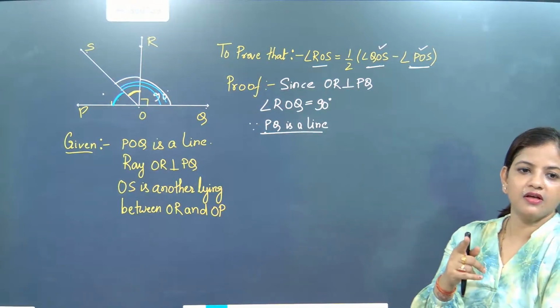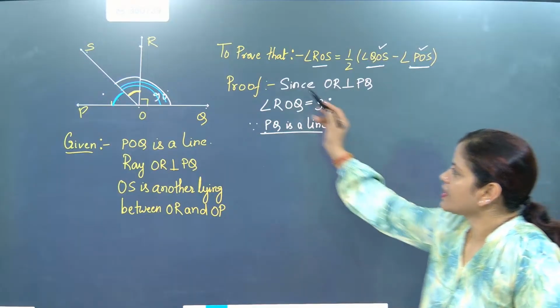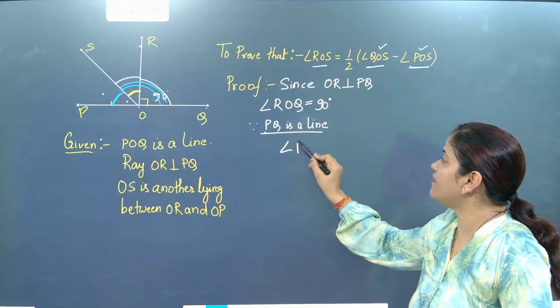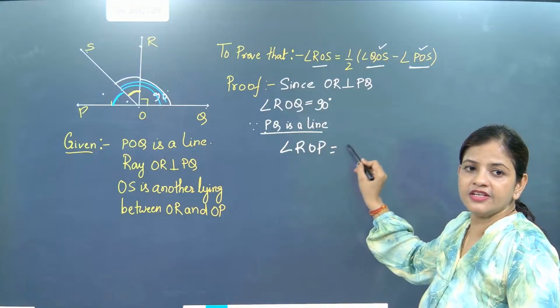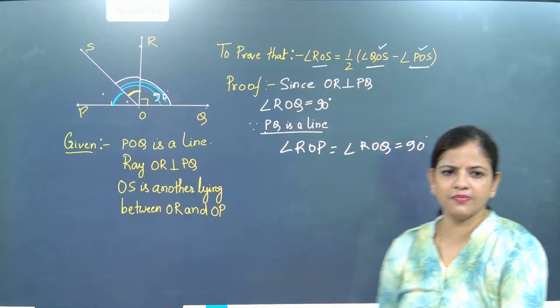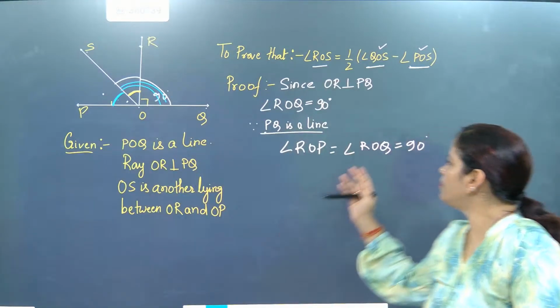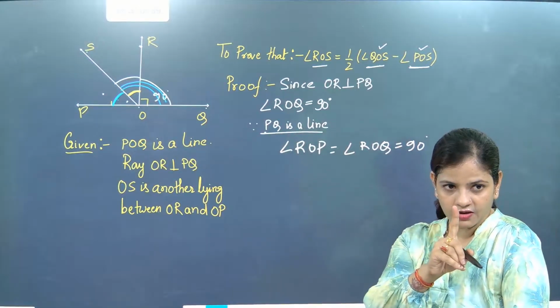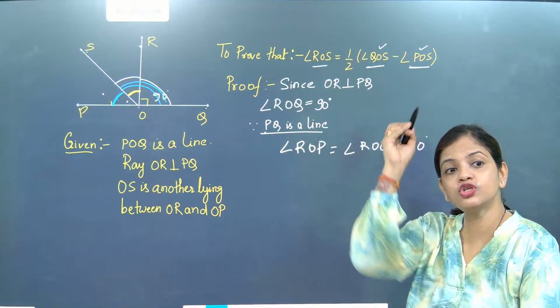Look here, Kanish. Now it's the time. This plus this equal to 180 degree. But why I'm going to write that? I will write ROP is equal to ROQ is equal to 90 degree. That's first line. Second line you check. How to do in the shortest way.